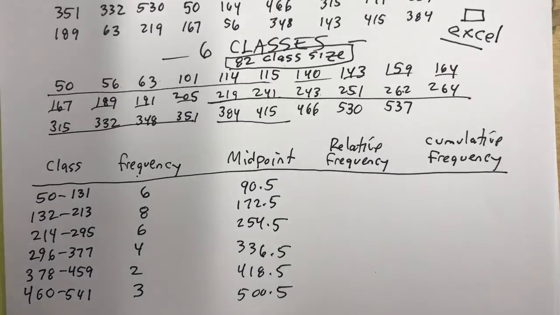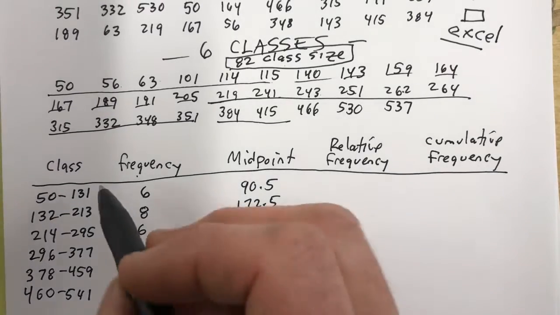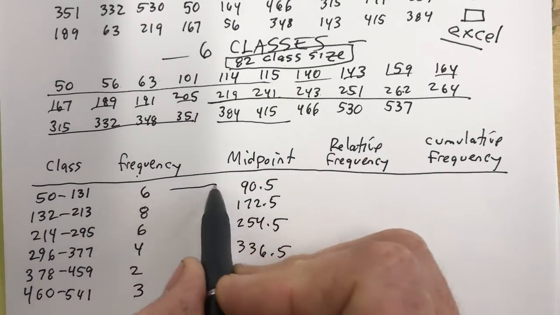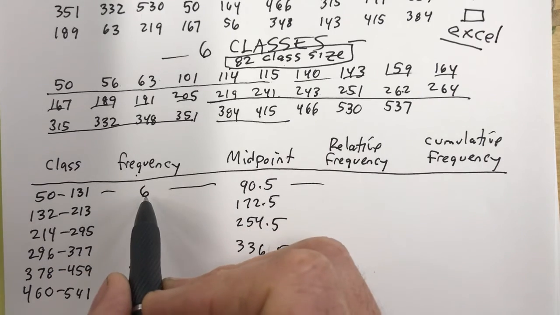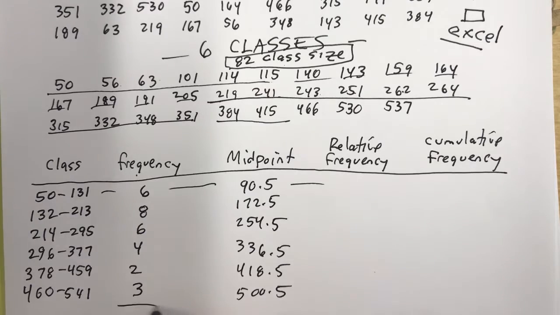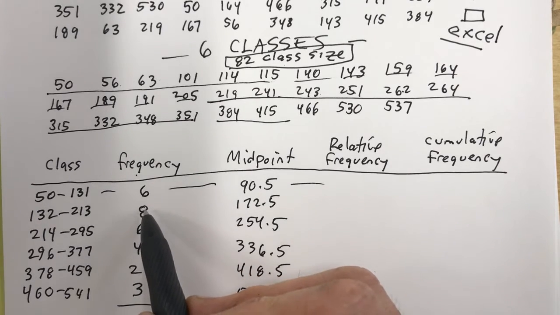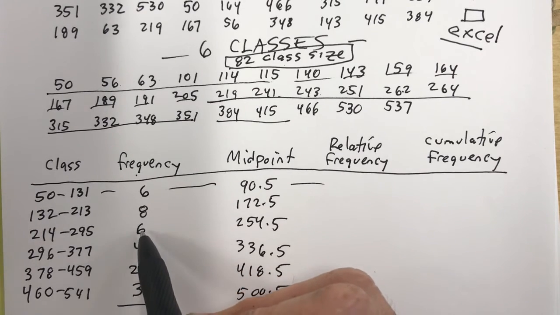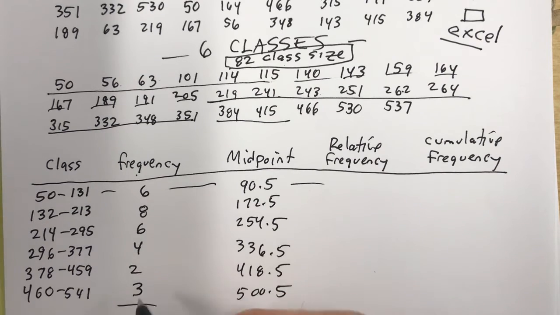Now my relative frequency. Now relative frequency is like in this class right here. In this class there's 6. Okay, all together, let's add these up right here. 6 plus 8 is 14, plus 6 is 20, 24, 26, 29. There's 29 total. That's the sum of all these here.